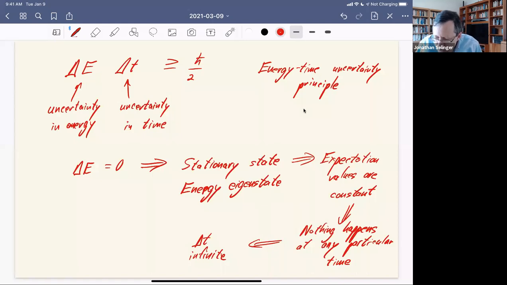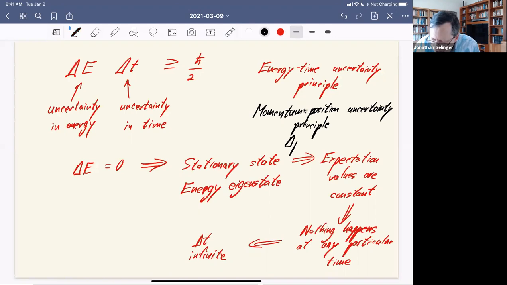Which looks a lot like the momentum position uncertainty principle. We've known from early on in this course that we have this relationship of uncertainty in p times uncertainty in x is greater than or equal to h bar over 2.